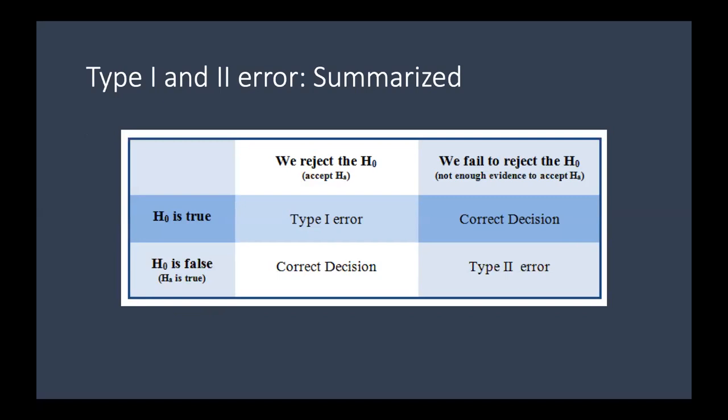And we can also see that when we make a correct decision, that means either there is no difference and we did not reject the null hypothesis, or there is a difference and we correctly rejected the null hypothesis based on the p-value.